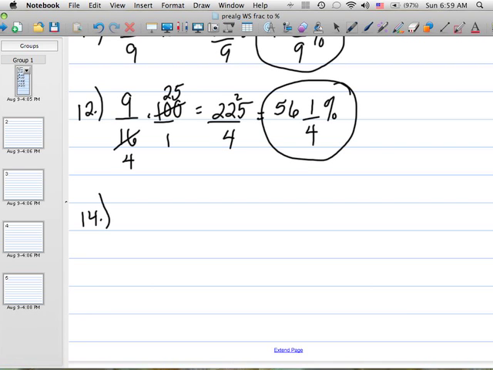Problem 14, we have 9/13. Multiply it by 100. So it's 900 over 13. And 13 goes into 90 6 times, which is 78.